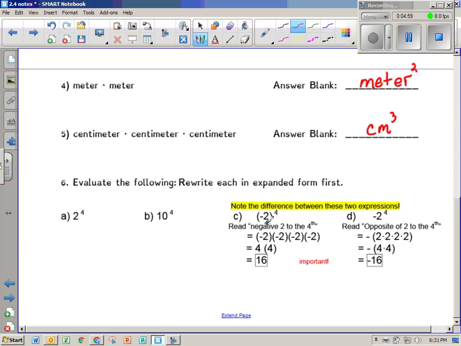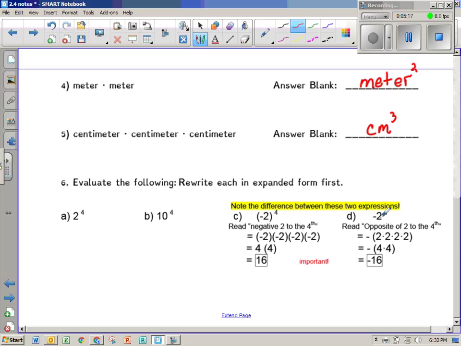So let's look at the ones that I've already written out here for you, and then we'll back up to the others. They're a little harder. The base is the number that's in these parentheses. When you have negative bases, it's a little different. Here the base is -2.